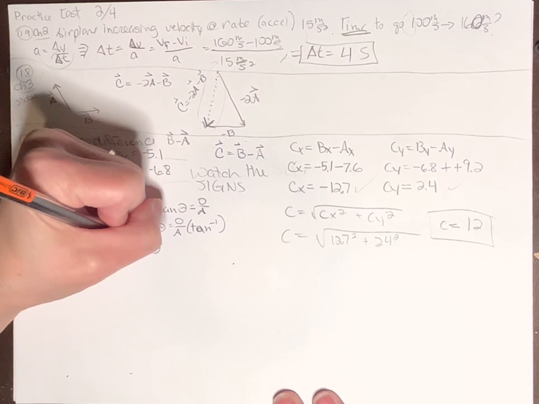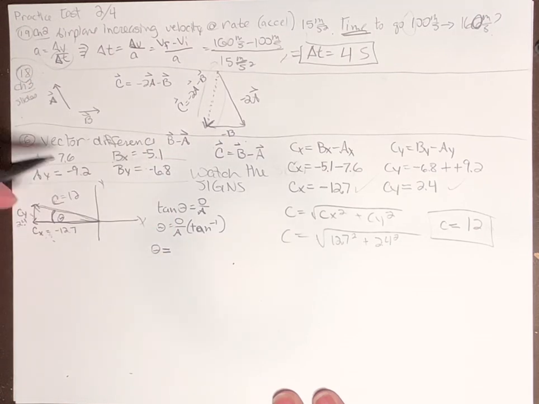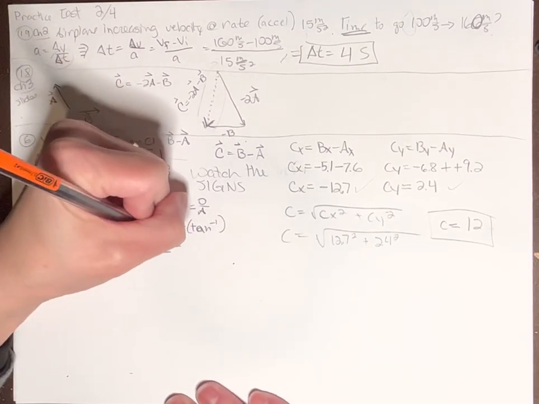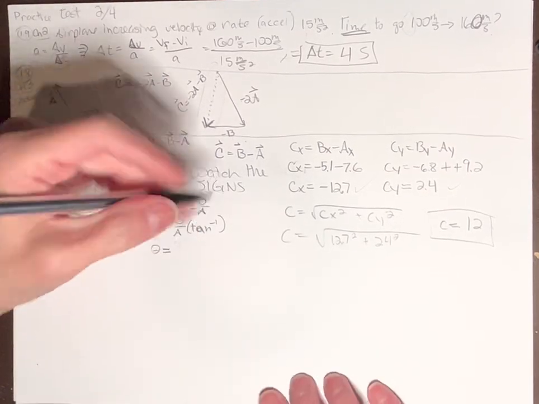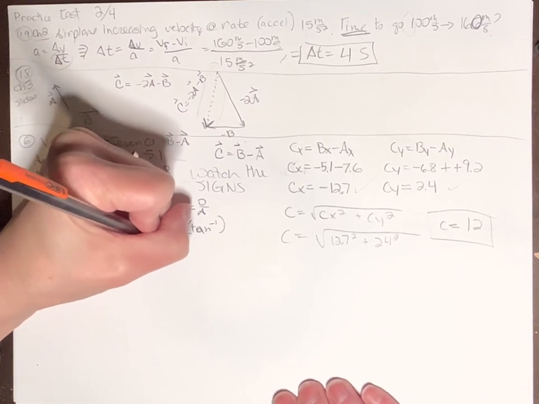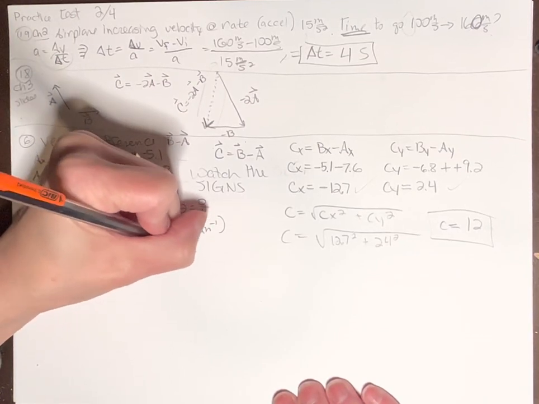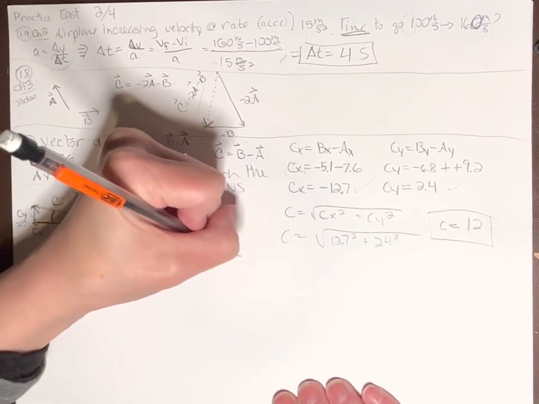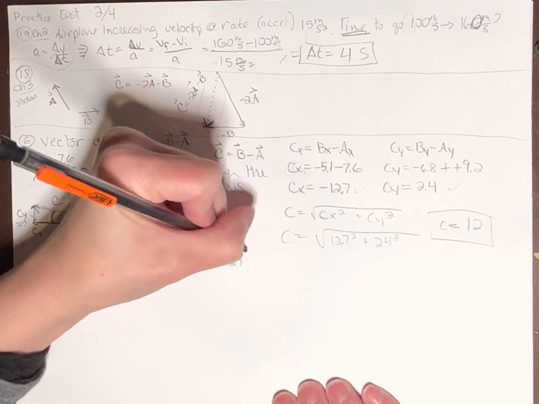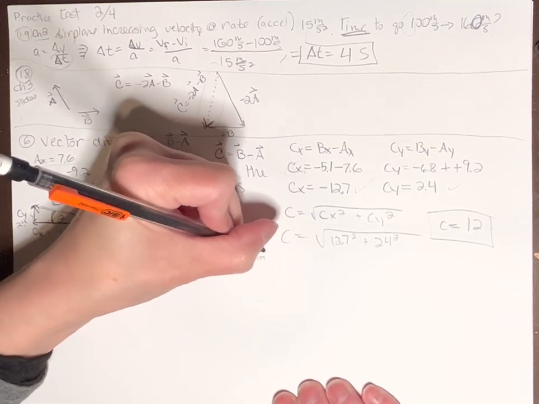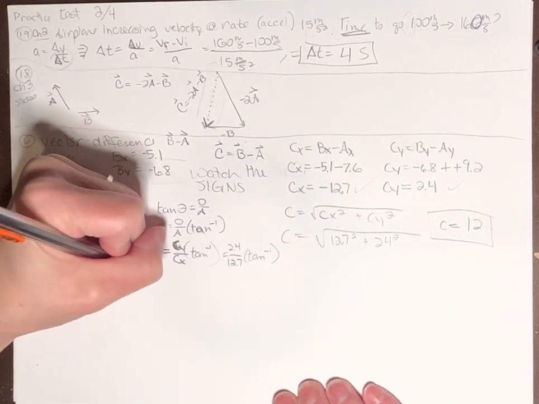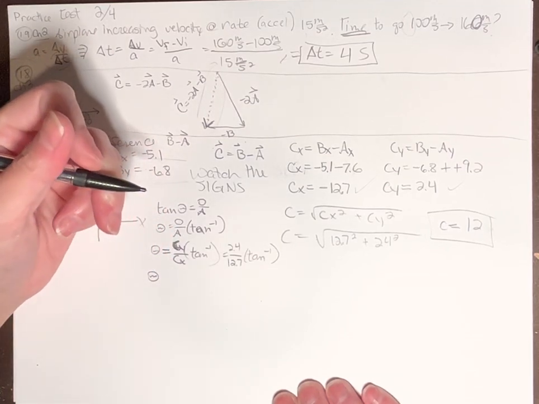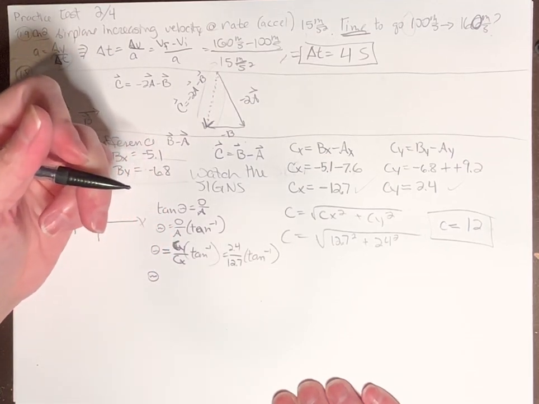So the opposite is c sub y. I'll write that out, sorry. C sub y over c sub x, which is 2.4 over 12.7, inverse tangent, and I get a theta of, I think it's 17 degrees.